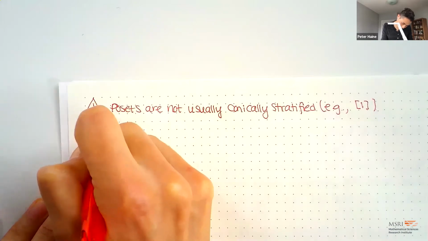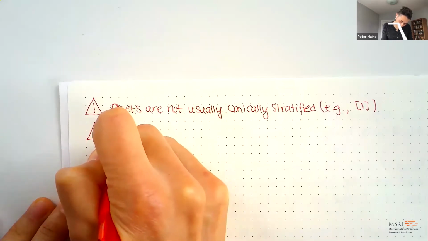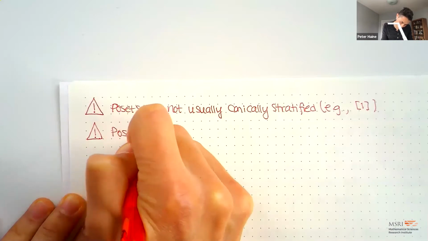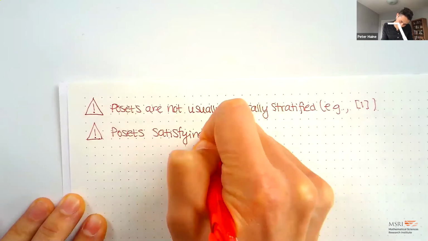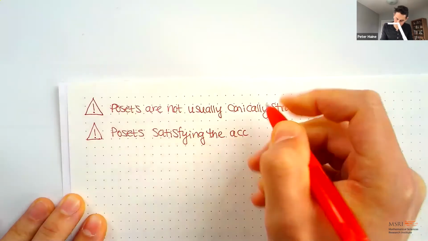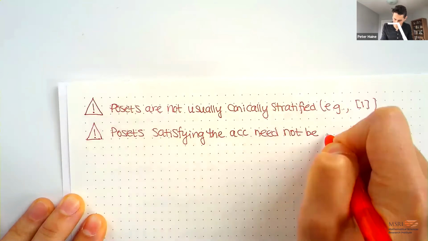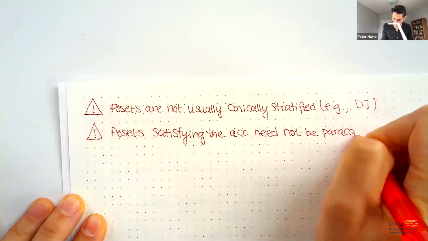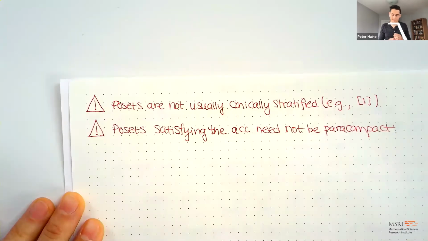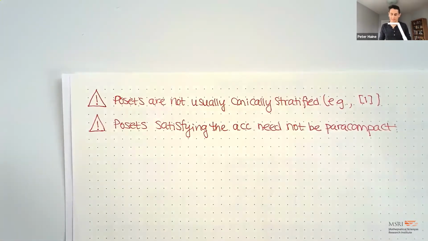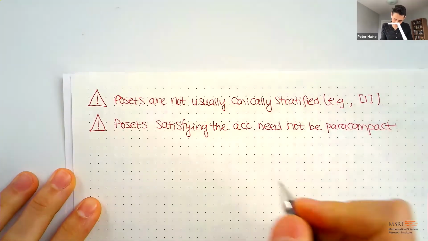And warning 2, I think more pursuant to Jay's question, is that posets satisfying the ascending chain condition need not be paracompact. Here's an example of a poset that satisfies the ascending chain condition and the descending chain condition, for example.